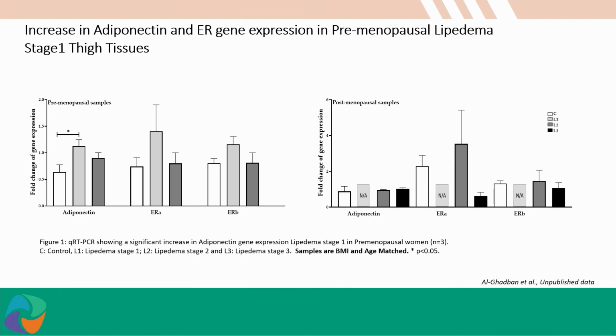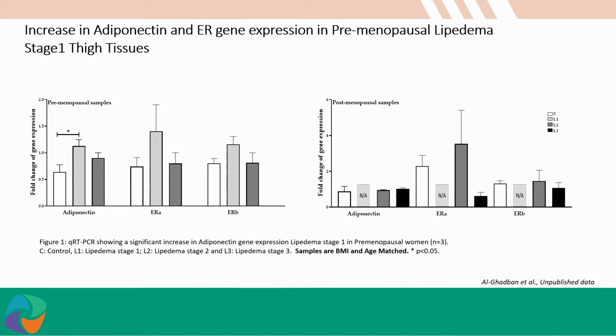To start with, we had thigh tissues collected from premenopausal and postmenopausal women: controls, lipedema stage 1, lipedema stage 2, and lipedema stage 3. Unfortunately, we don't have any L3 in premenopausal or any L1 in postmenopausal.